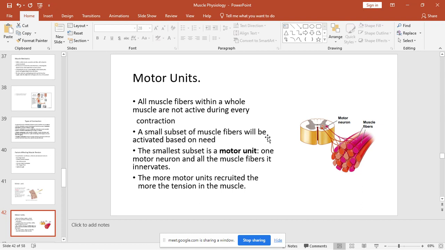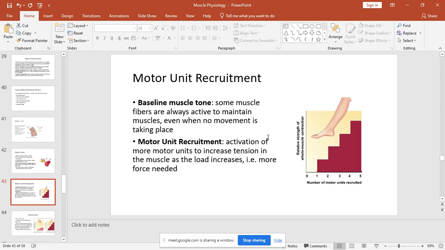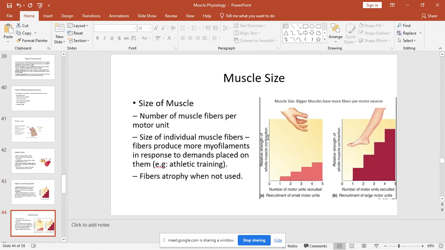Okay, so we've basically described the concept of the motor unit, so I'm going to skip this one. We also know that the size of the muscle is determined by the size and number of its fibers. The more fibers in a muscle and the bigger they are, the more tension you can build in that particular muscle.